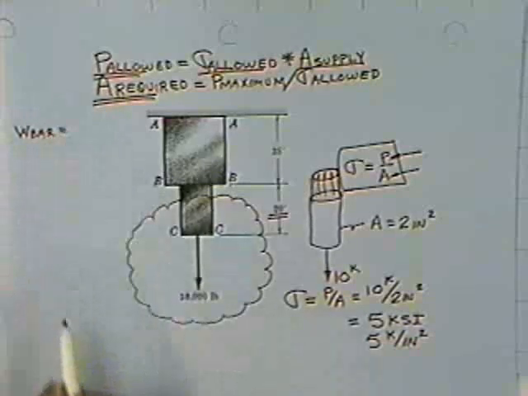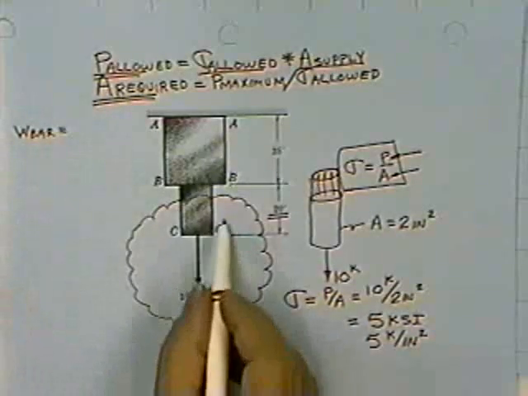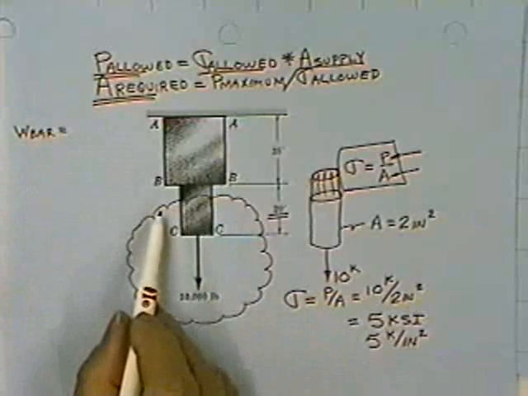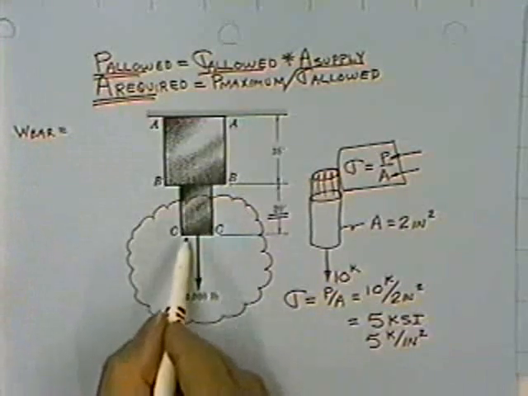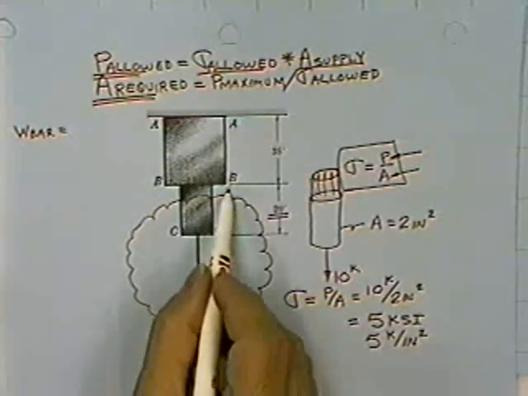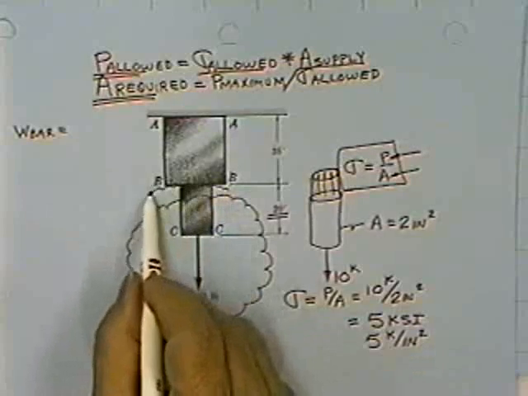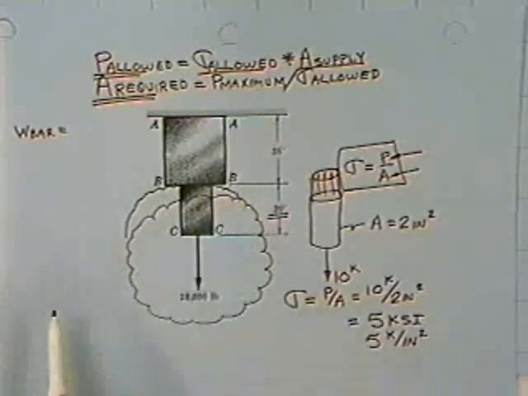Now this, of course, depends on how much of the bar I cut off. If I cut off 10 feet, I get one answer. If I cut off 18 feet, I get another answer. But the worst stress in bar BC would be when you get its full weight right up there at the top of the bar. So if I want to know the worst stress in bar BC, I'd probably go ahead and cut off the whole 20-foot chunk.